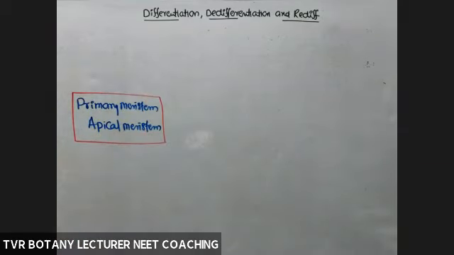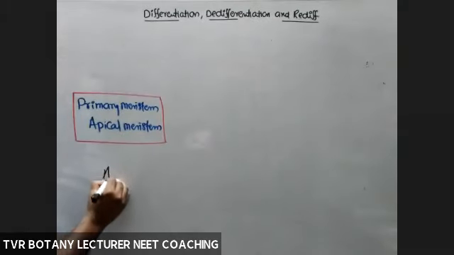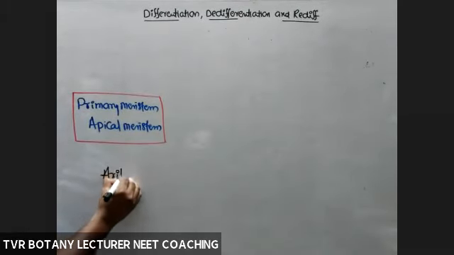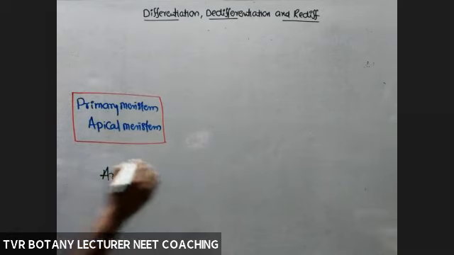Now apical meristem is showing arithmetic growth. Arithmetic growth is well known to you. What is arithmetic growth? Geometric growth and arithmetic growth. Here take arithmetic growth only. Do you know open form of growth? What is open form of growth?